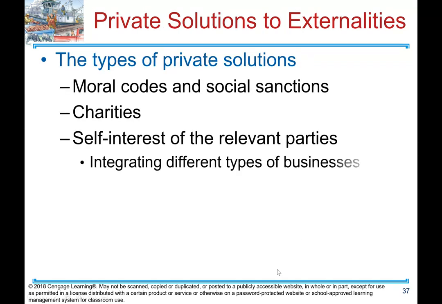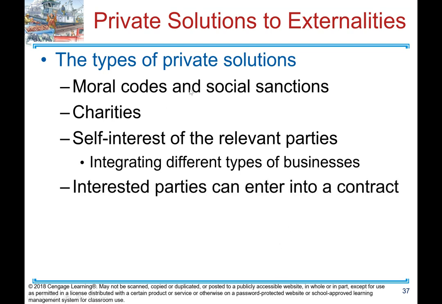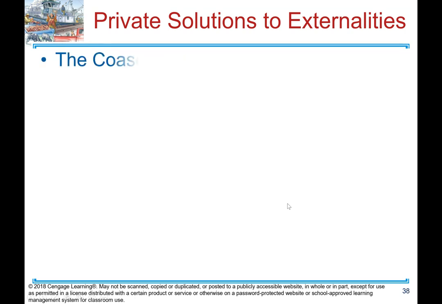Types of private solutions: moral codes and social sanctions, charities, and the self-interest of the relevant parties, such as integrating different types of businesses. Interested parties can also enter into a contract.